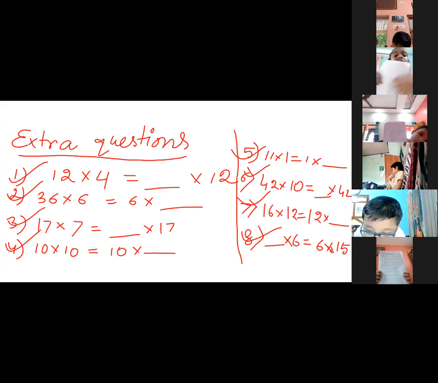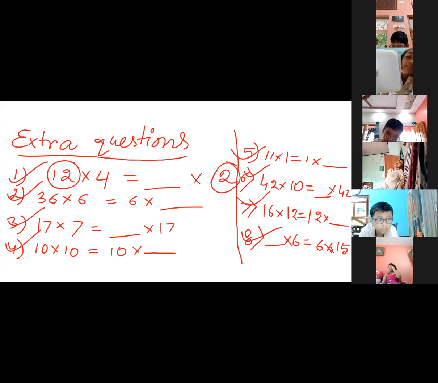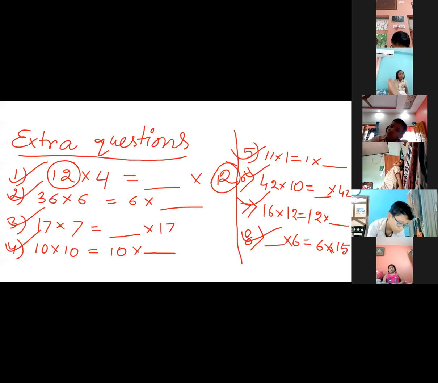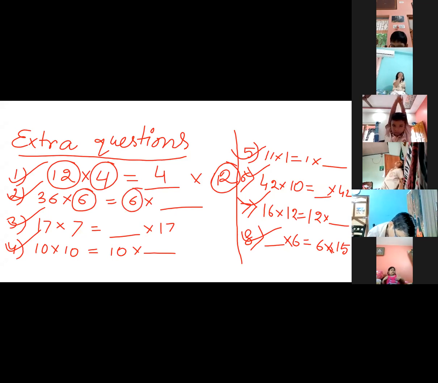All of you completed, so only 11 students raised their hand. Now let me explain. This is very clear, na? 12 is there, first place, here it is in the last place, right? So here 4 is in the last place, so here definitely it will be 4. Now 6 is present there, 36 is there, here 36 is not there.